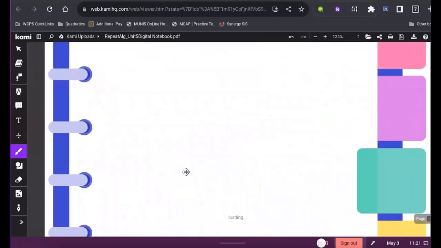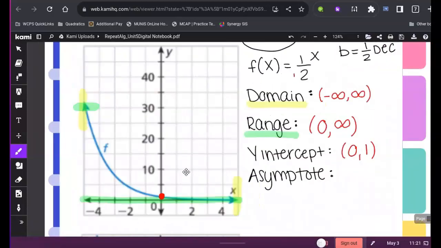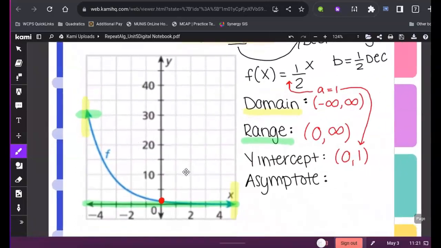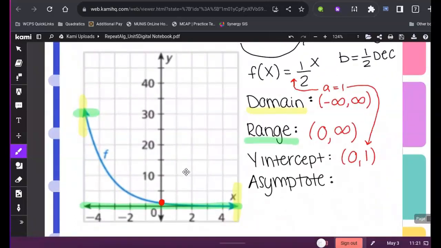And something that we can notice is that our y-intercept is always our a value. So technically a is equal to 1 since there's no number there. And then that becomes our y-intercept. So that's just a little piece of information that might make your life easier. If you know what the a value is already, then you know what the y-intercept is.